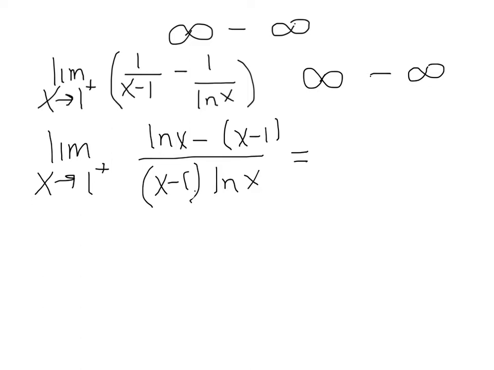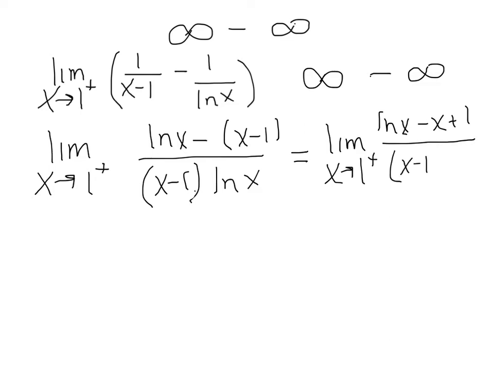So here we'll have the limit as x goes to 1 from the right. Just going to clean this up a little bit. Natural log of x minus x plus 1 over x minus 1 natural log of x.